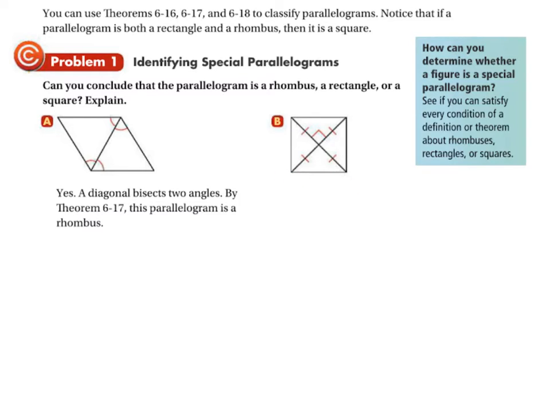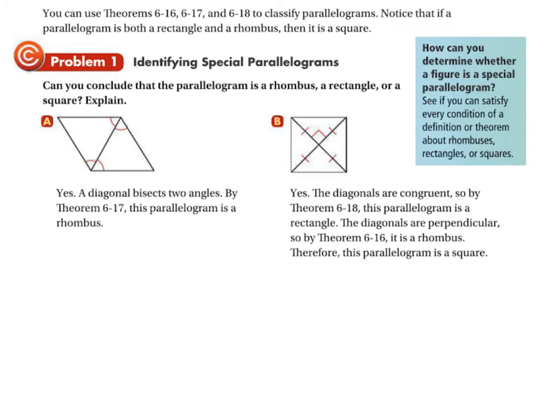Now, which kind of figure has diagonals that meet at 90 degrees, or perpendicularly? That's a rhombus. Rhombuses do that. So we have features that meet the rectangle specifications and the rhombus specifications. And so if they meet both, then we can classify it as a square, because it is both a rectangle and a rhombus.